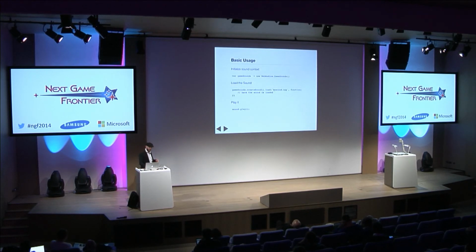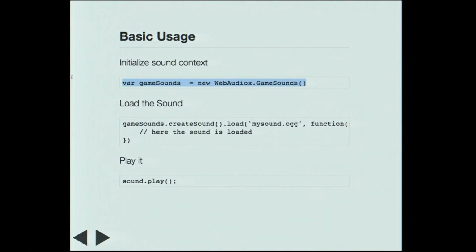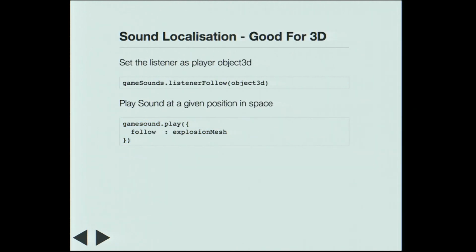So to use it, very simple. First, you initialize it. Then you create a sound, load it, and after that, you play it. Not that hard, right? For localization, you will thank me if you try to do it yourself: if you do game sound for a listener, following an Object3D, the listener of the sound is going to follow this Object3D.